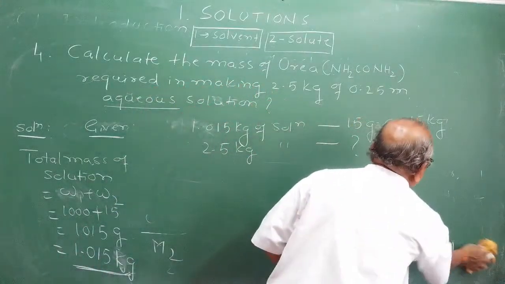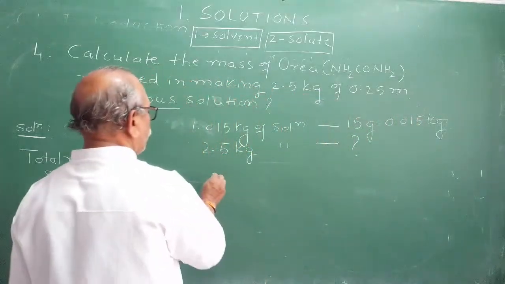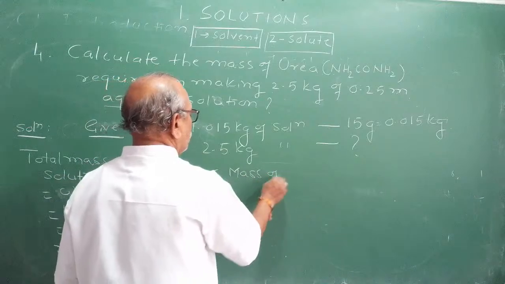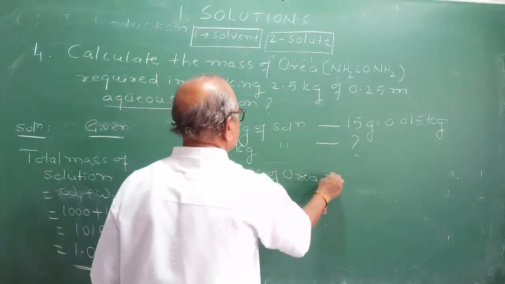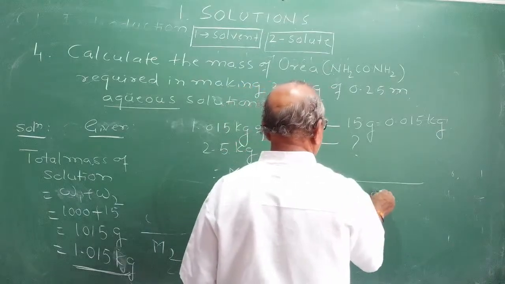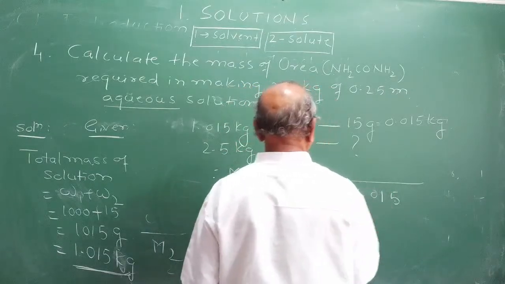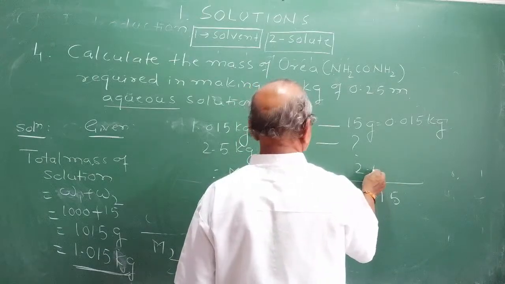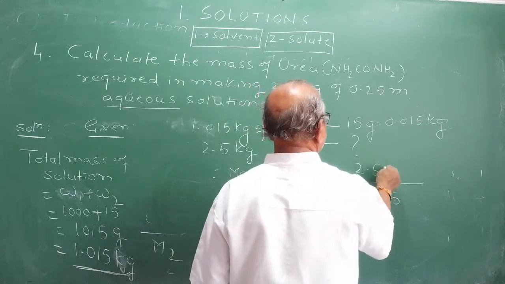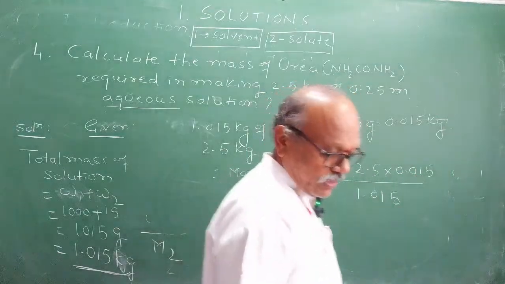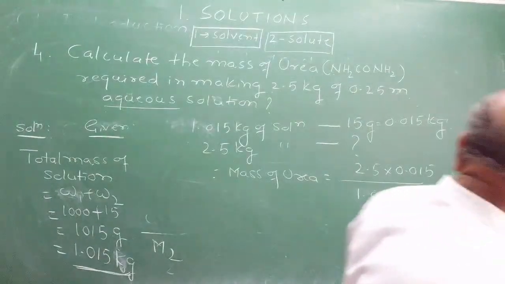See the difficulty level of the problem. Therefore, mass of urea required: in the denominator you have 1.015, in the numerator you have 2.5 kg into 0.015 kg. You just calculate it, you will get the answer.